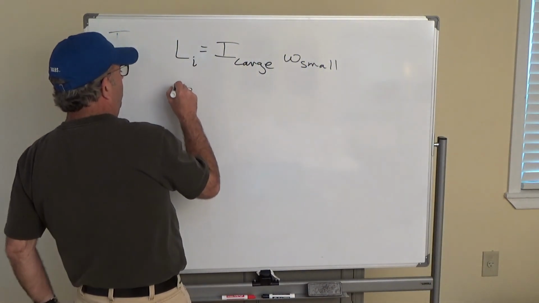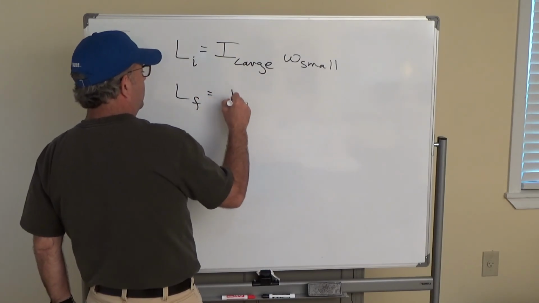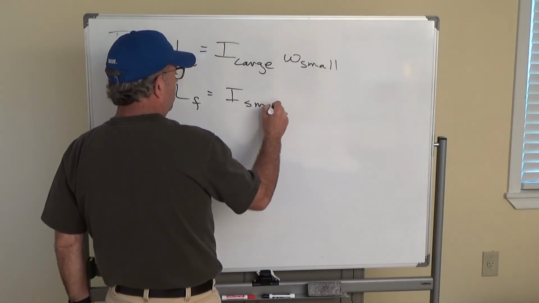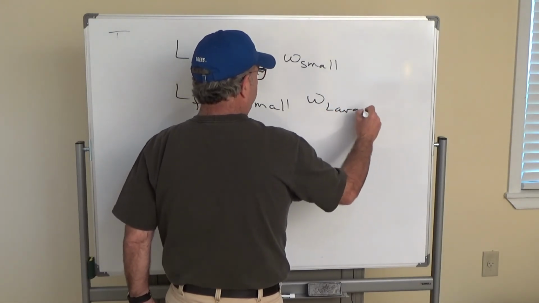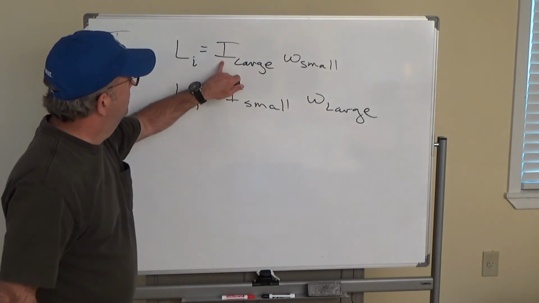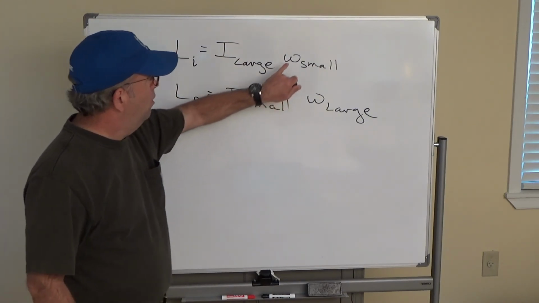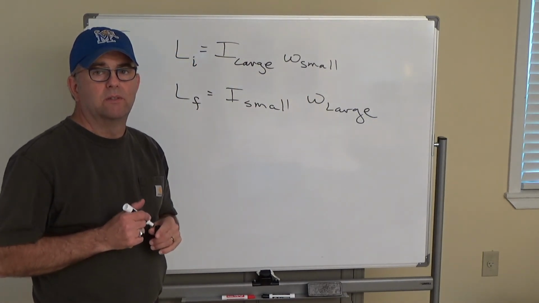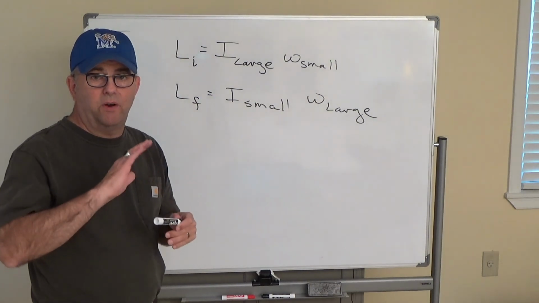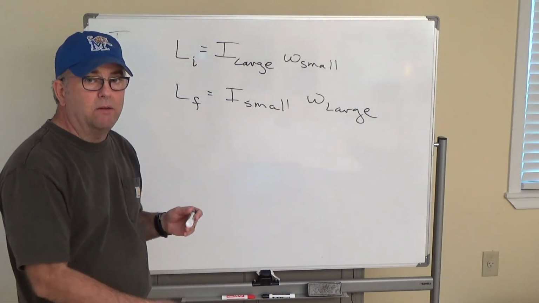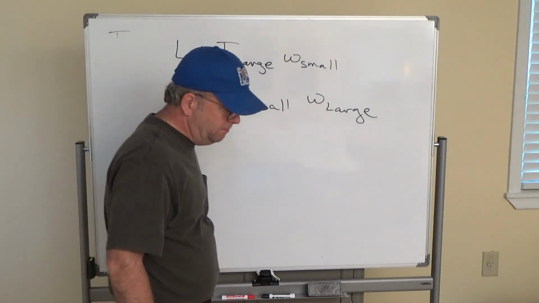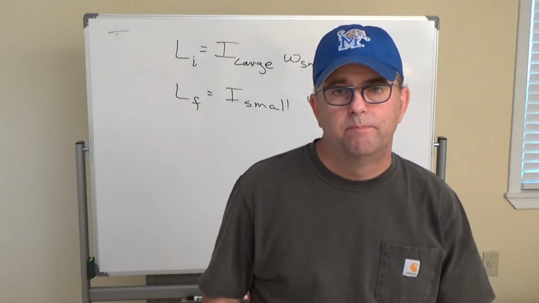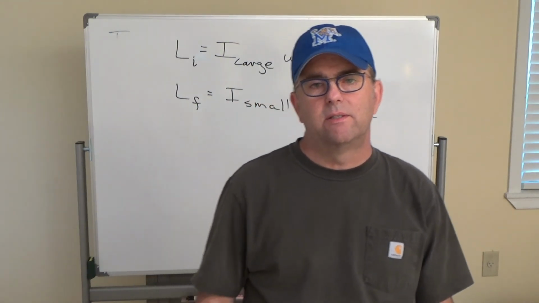So L final is I small, omega large. If I decreases, omega must increase to conserve angular momentum. They're an isolated system. Forget about the little bit of friction between the ice and the ice skates.